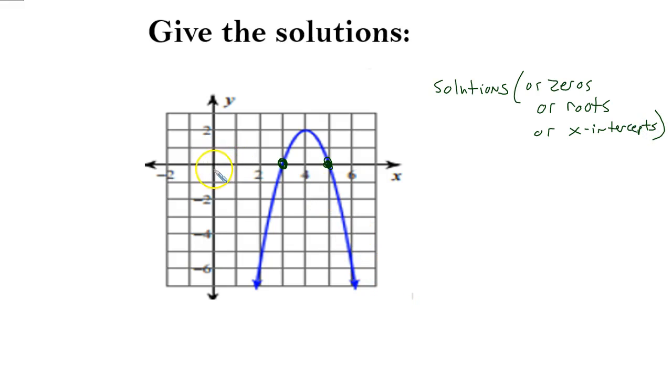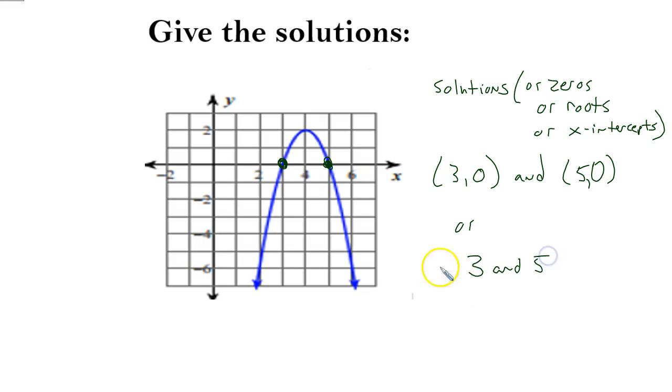Now, this point is 3, 0. We also have a solution, or a zero, of 5, 0. I'm not very picky about how you write solutions, zeros, or roots. If you just write 3 and 5 as where it crosses the x-axis, I'm usually going to give you credit for that.